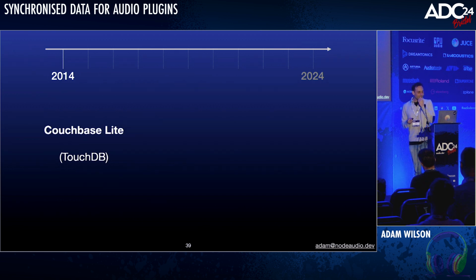So Couchbase Lite was the thing that I came across. It was kind of the only thing at the time that could potentially be used from C++, but they didn't have a C++ API. I started building this app purely in Juice, and then ended up using native APIs, but that's another story.